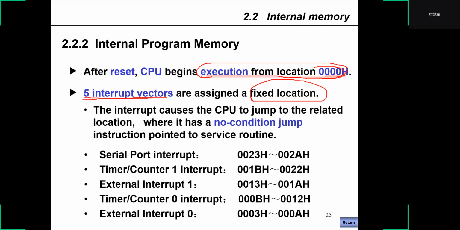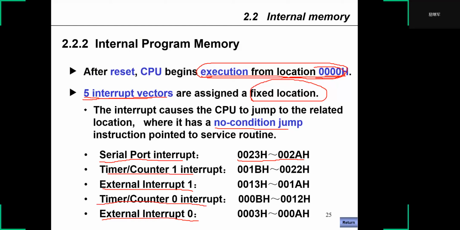The interrupt causes the CPU to jump to the related location, where there is an unconditional jump instruction pointing to the service routine. Here are the fixed locations for the interrupts: serial port interrupt, timer counter 1 interrupt, external interrupt 1, timer counter 0 interrupt, and external interrupt 0.